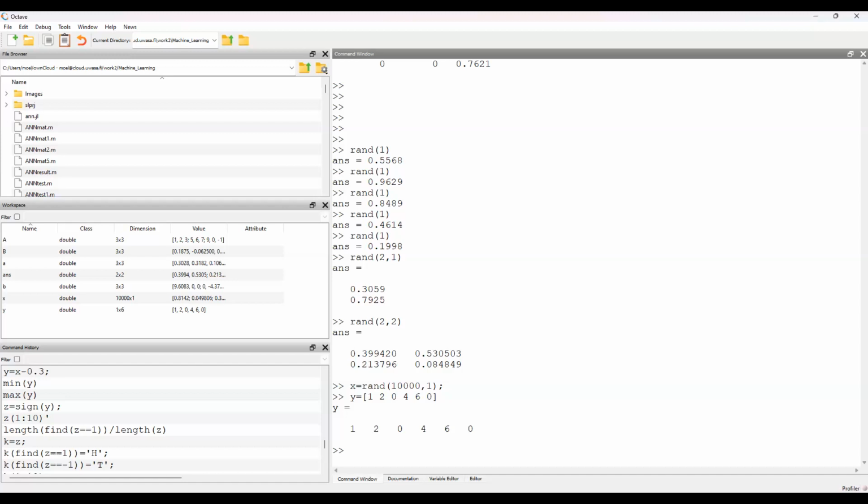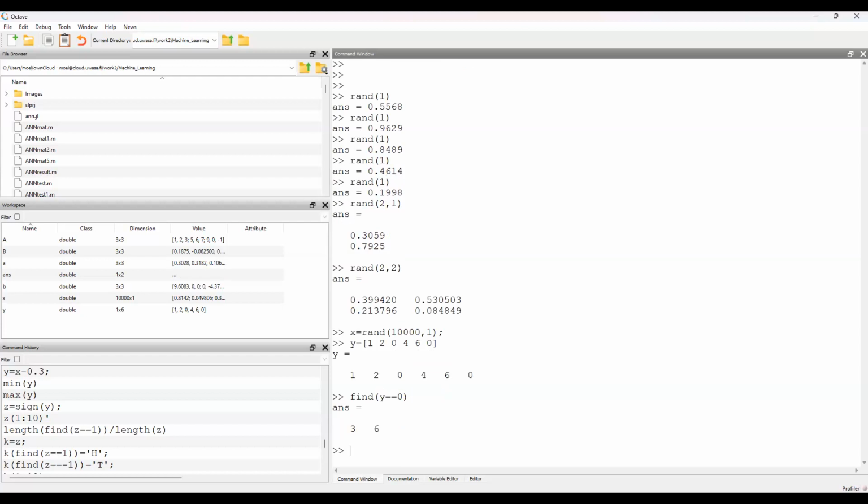If I asked you to allocate where the zeros are in y, in Octave, you can do it by using the find command. So find y equal to 0. Then you can see that it gives you the location. So it gives you 3 and 6. It means that the third element is 0 and the sixth element is also 0, as you can see here.